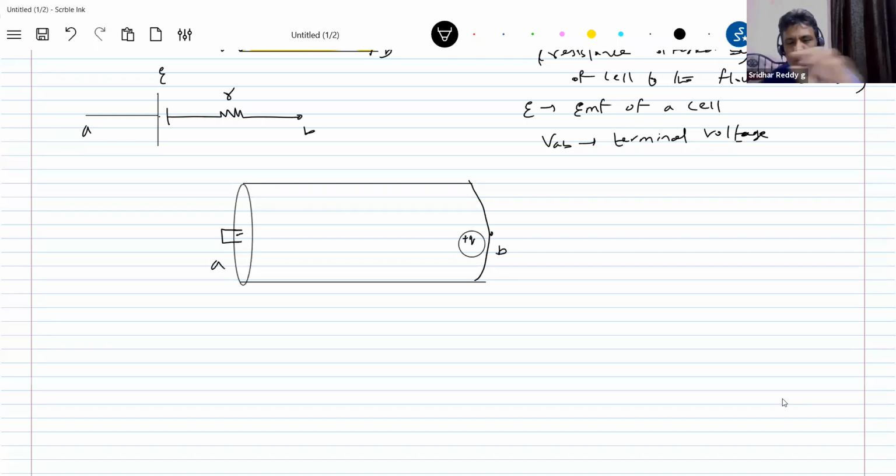Inside, some chemical reaction occurs. Let's take the electrochemical cell: the chemical reaction occurs and the output is electrical energy. Due to the chemical reaction, energy is available. That energy is utilized by the material of the cell, and it exerts a force on this positive charge.